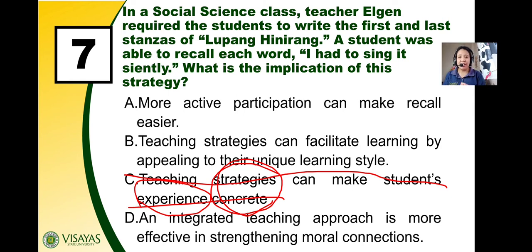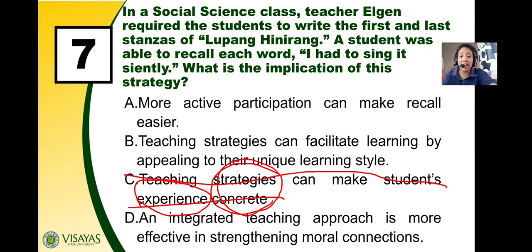Was it stated there that all students need to sing this? They are required to participate, to sing, to recall. Right? No. So, the correct answer and the best answer for this question is letter B. Teaching strategies can facilitate learning by appealing to their unique learning styles.